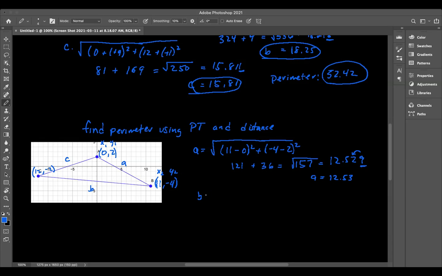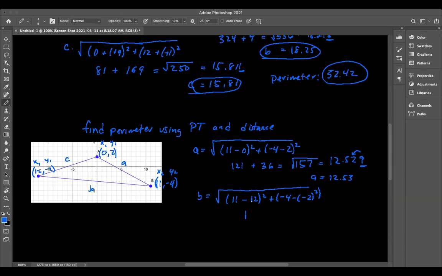Okay, second side. Basically, this is going to be x1, this is going to be y1, and we just do the same math here. So this becomes 11 minus 12 squared plus -4 minus -2 squared. So this becomes -1, this becomes 1.